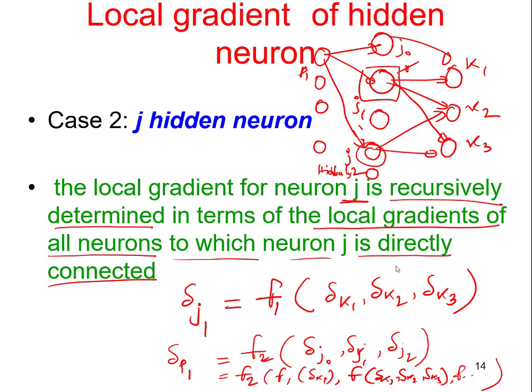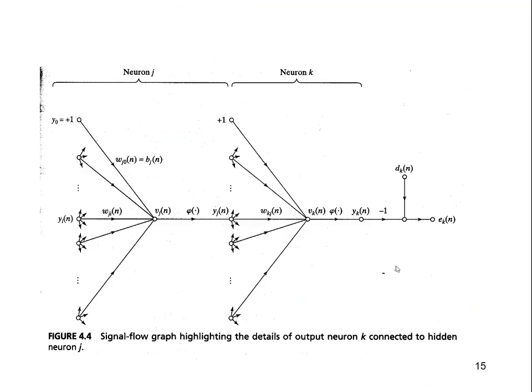I guess we will see this computation in a little more detail by considering this picture. There are two neurons. We are considering J as a hidden neuron and K as our normal output neuron.